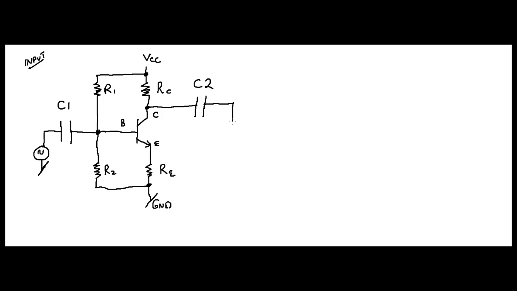C2 then is going to be connected to your load resistor, R sub L, and then this is going to come down and be connected to ground. All right, so there is your linear amplifier. Okay, there you go.